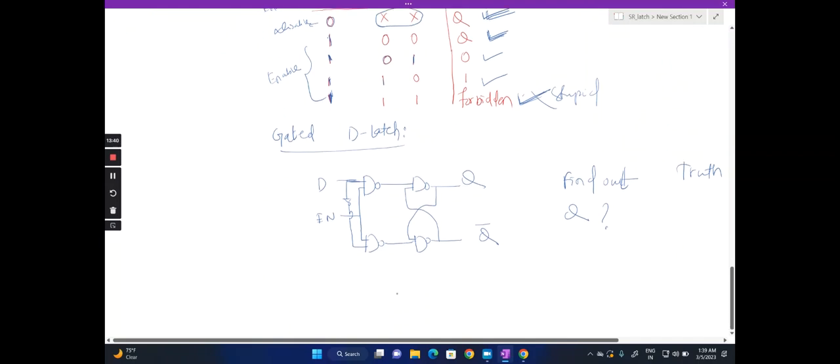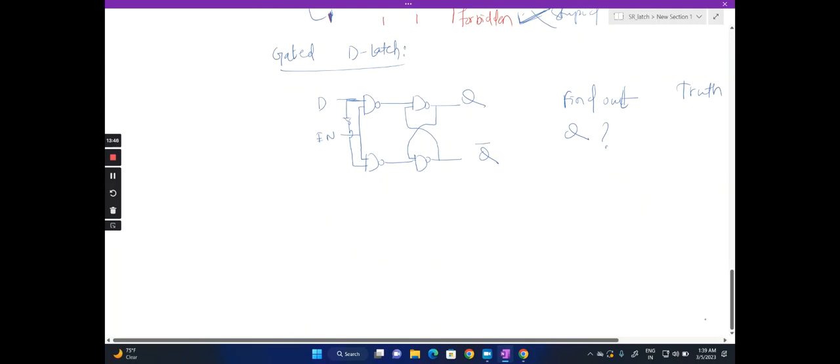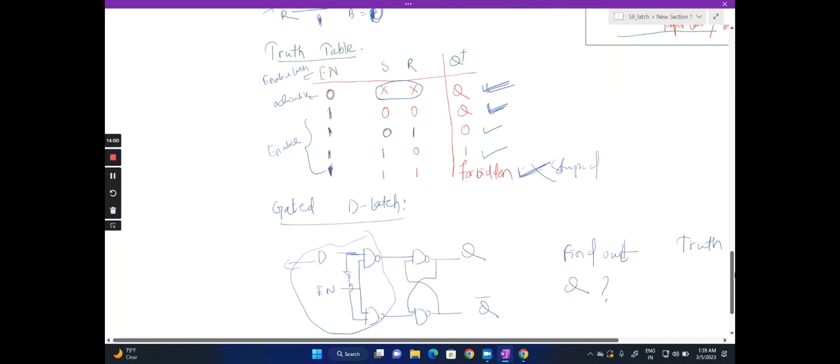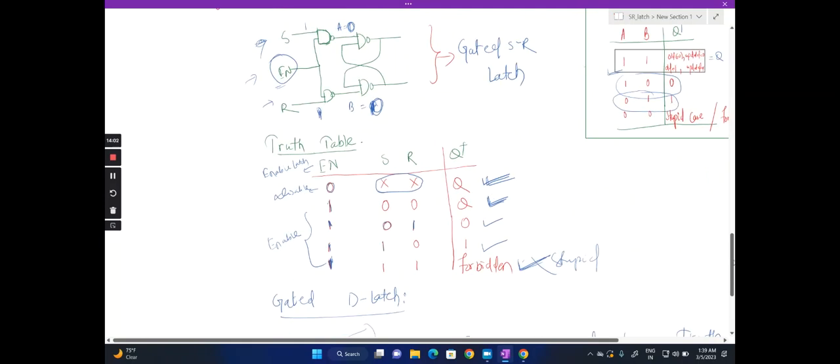Here is an exercise for us. We need to find out the truth table for the gated D latch. It is called gated because we are applying these gates here, and D latch because we are using D as input, and in the gated SR latch, we are using S and R as input.